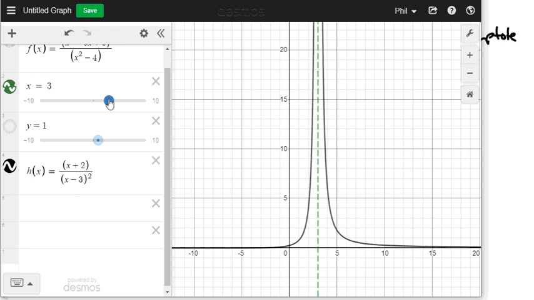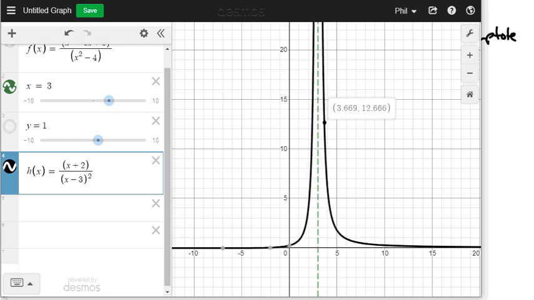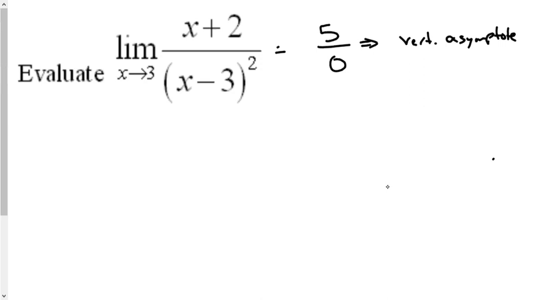And we can see that as you approach it from the right, the value gets very, very large. And also, as you approach x equals 3 from the left, the function gets very, very, very large. Now, some people will say that, well, if that's the case, it's not approaching any finite number, and then we would say the limit does not exist.